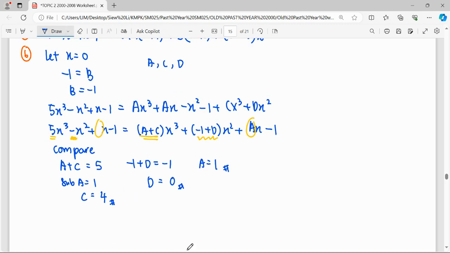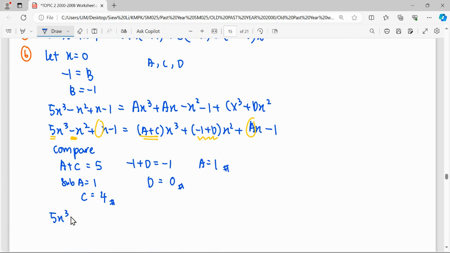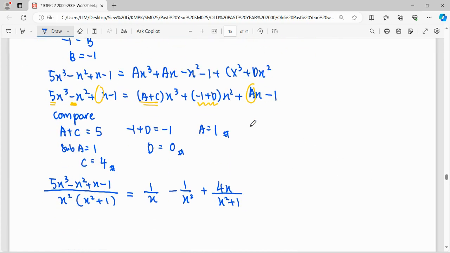Then for the last step, we're going to substitute back inside this partial fraction: A over x, B over x squared, Cx plus D, and D is 0, over x squared plus 1. So substitute back here. Here we are done for the first part of expressing this fraction in partial fractions.